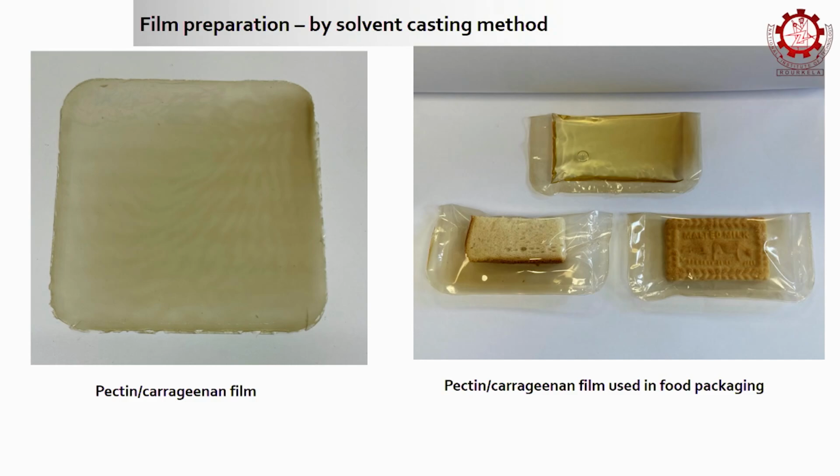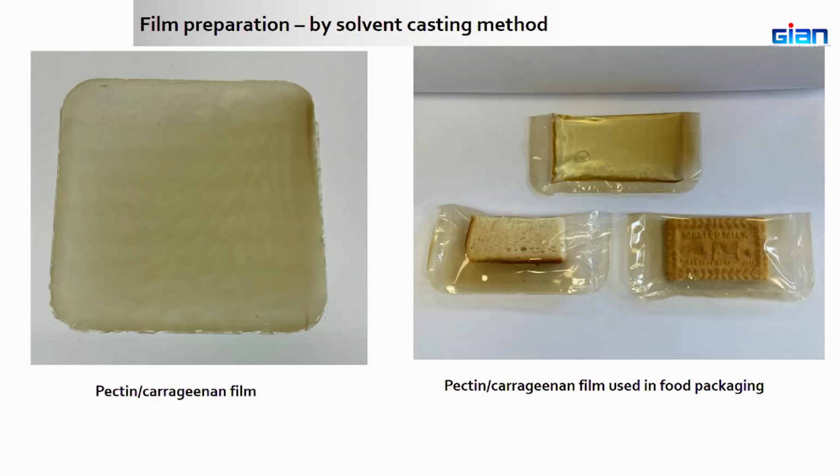This film is made of a combination of pectin and carrageenan, where the carrageenan was obtained from Chondrus crispus and was not purified. The advantage we had was the calcium, sodium and other minerals present in that carrageenan, which blended with the pectin made the best film, having very good properties.